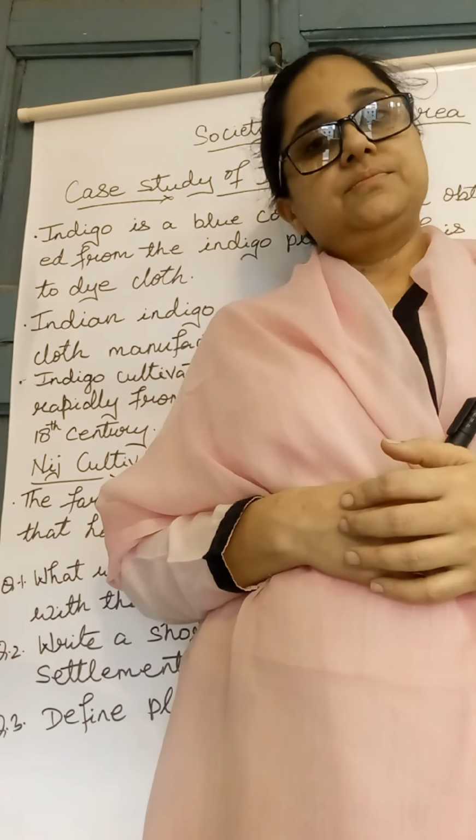In this system of cultivation, the planter produced indigo in lands that he directly controlled for cultivation.